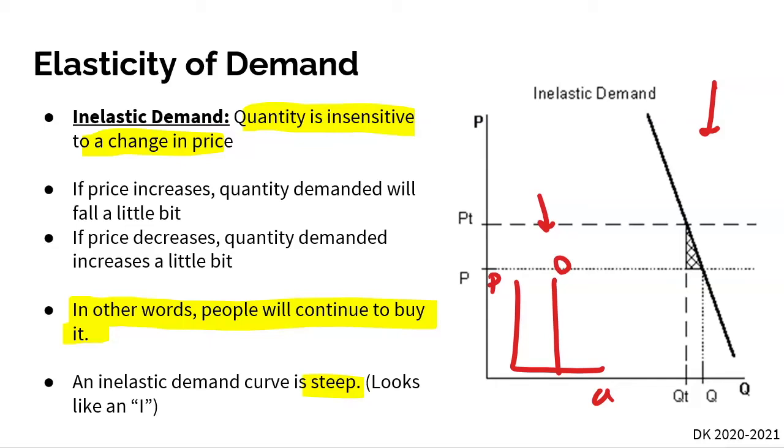So here, the elasticity of demand for insulin is very inelastic because people still need to purchase it. No matter what happens to the change of price, the quantity demanded might change, but just a little bit. So in other words, the demand curve is going to look perfectly vertical or close to being perfectly vertical, because people are still going to buy insulin no matter the price.